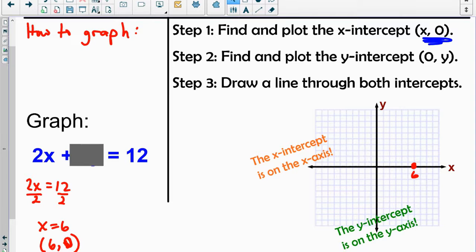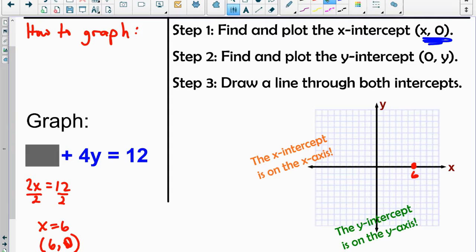Now, if I want to find the y-intercept, I basically do the exact opposite. I say, okay, that means x has to be 0 because for any ordered pair on the y-axis, I don't go left or right, meaning the x-coordinate must be 0. If the x-coordinate is 0, 2 times 0 is 0, that's gone. Now I solve what's left. 4y equals 12.